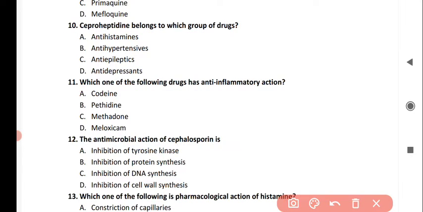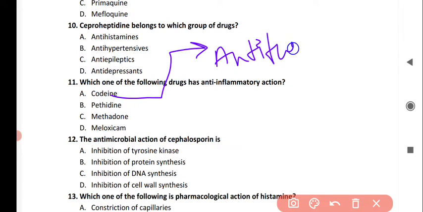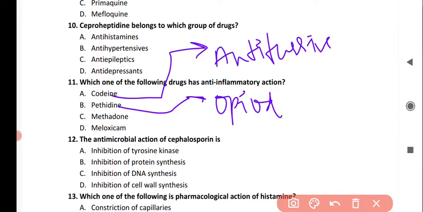If I talk about codeine, codeine is an opioid analgesic of moderate type, a moderate agonist, and it also has antitussive properties. If I talk about pethidine, it is also an opioid analgesic like codeine, and it is a phenylpiperidine derivative.